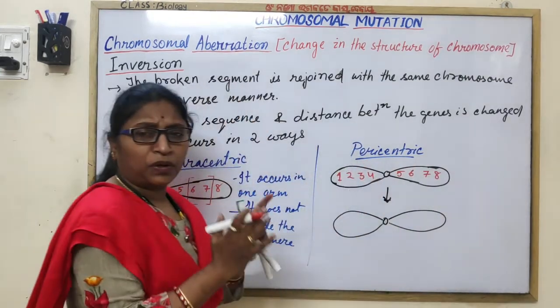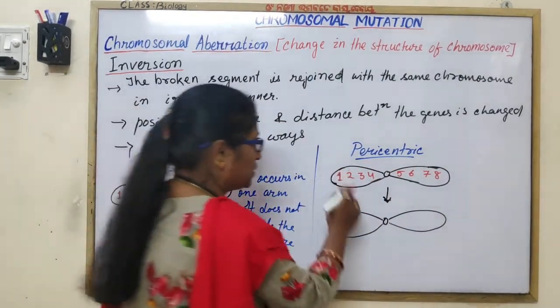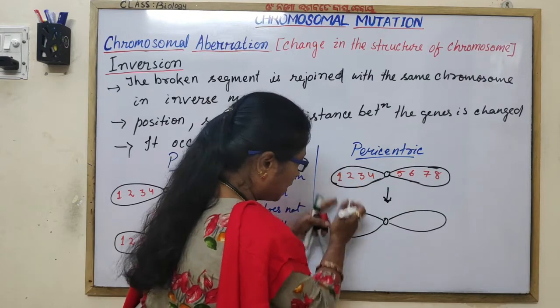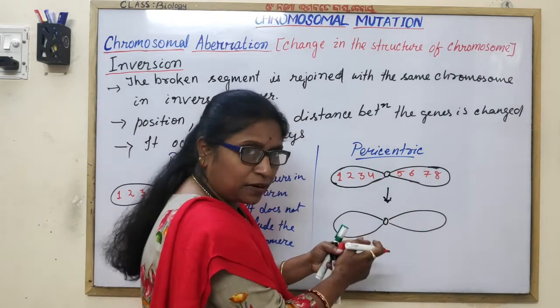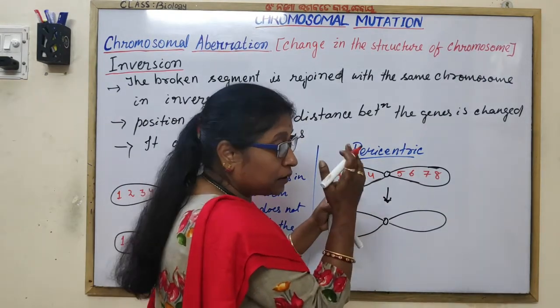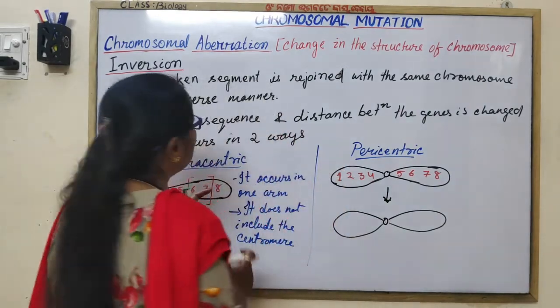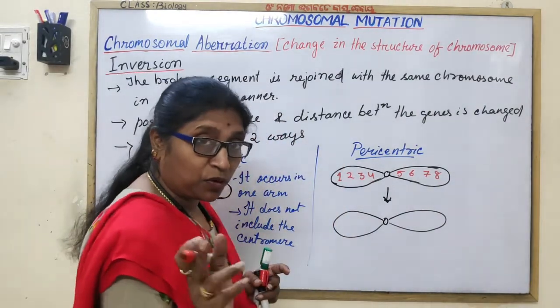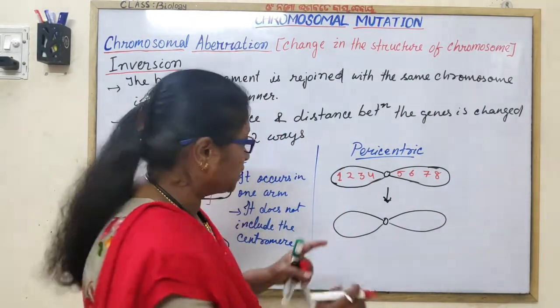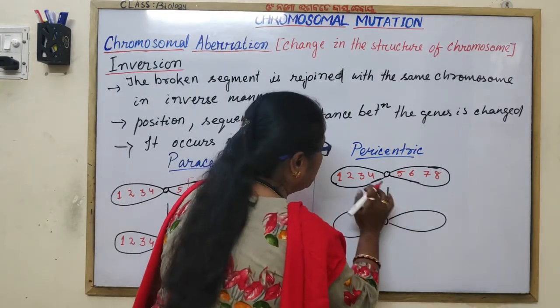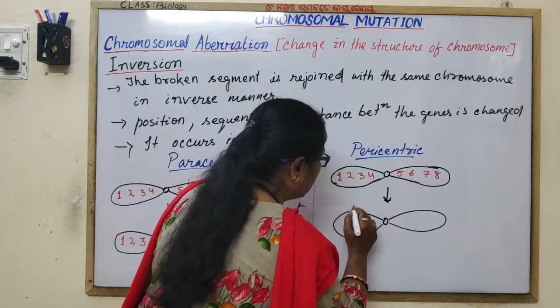These are the locations of the different genes. Okay, the corresponding alleles are also present. Inversion occurs in the same chromosome, not in the homologous, so no confusion. Then what happens here?